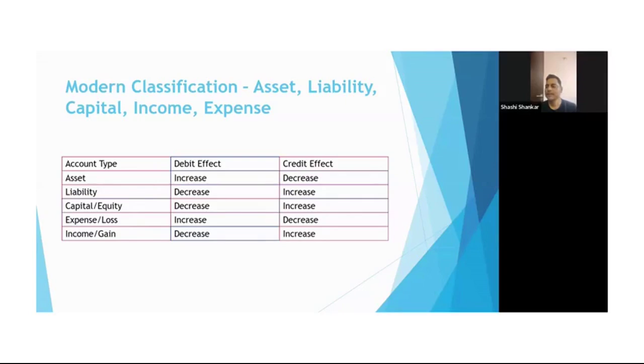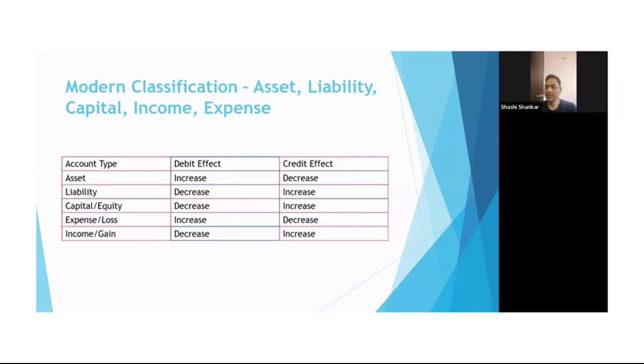A decrease in assets is a credit effect. Similarly, a decrease in liability has a debit effect, and an increase in liability is a credit effect. Capital or owner's equity, if increased, should be on the credit side. If decreased, debit effect. For expenses and losses, an increase has a debit effect, and a decrease is credit.